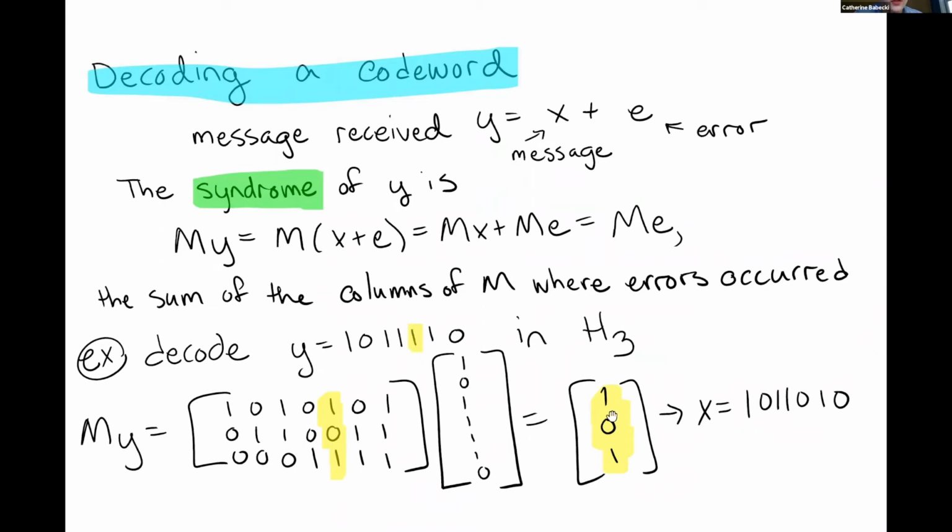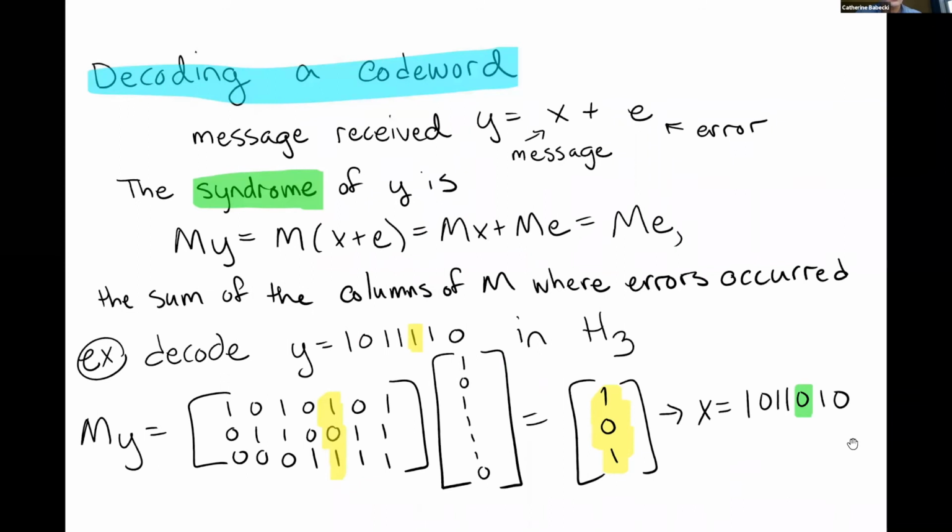In this case, 101 is the 5th column. So that means our 5th bit is wrong, which means to get our actual message, we just have to flip that 5th bit from the message we received. And that means this is what we wanted to send.